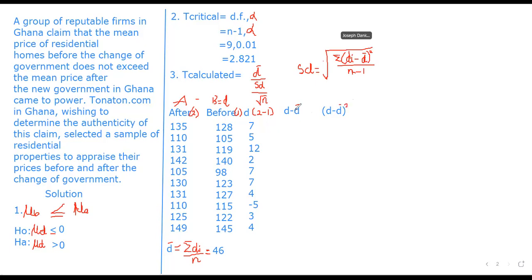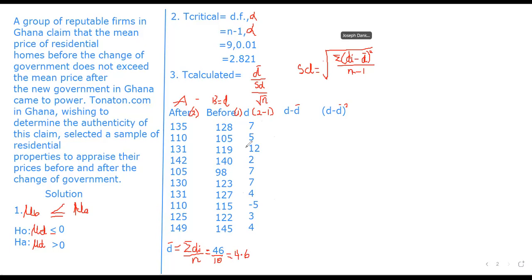So let's start with D minus D bar. Sorry, the D bar, we didn't finish. 46 divided by n, so it will be 4.6, right? Okay, so let's move on.